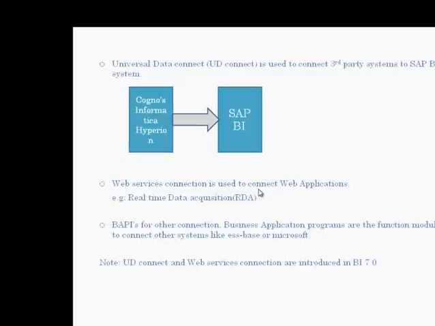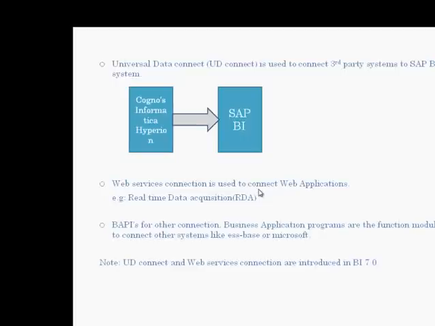So BAPIs for other connections, business application programming interfaces, are the function modules used to connect other systems like Sybase or Microsoft. I mean, the function modules, which are coding, are used to connect to the other systems and get the data from the other systems by means of programming.